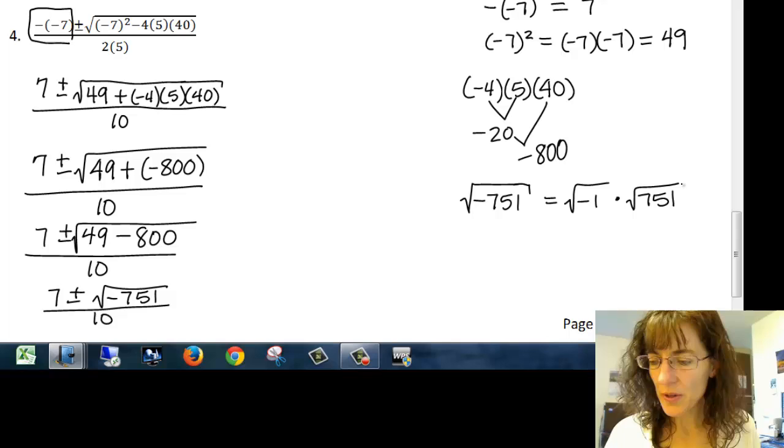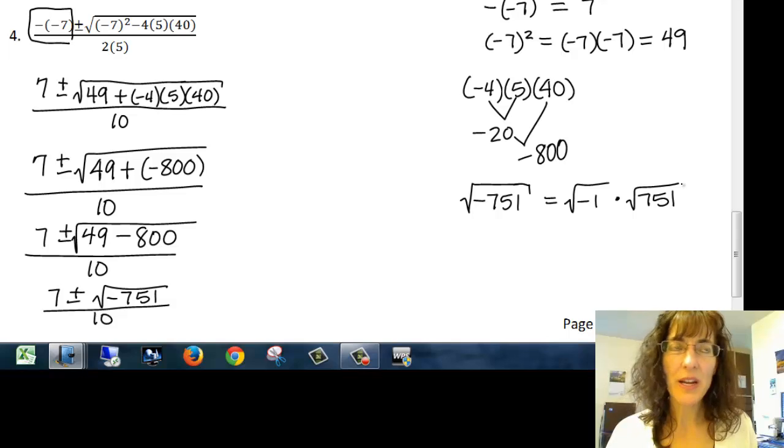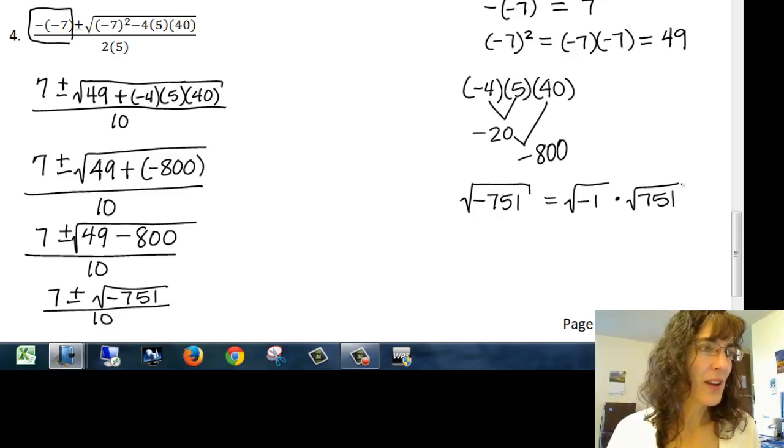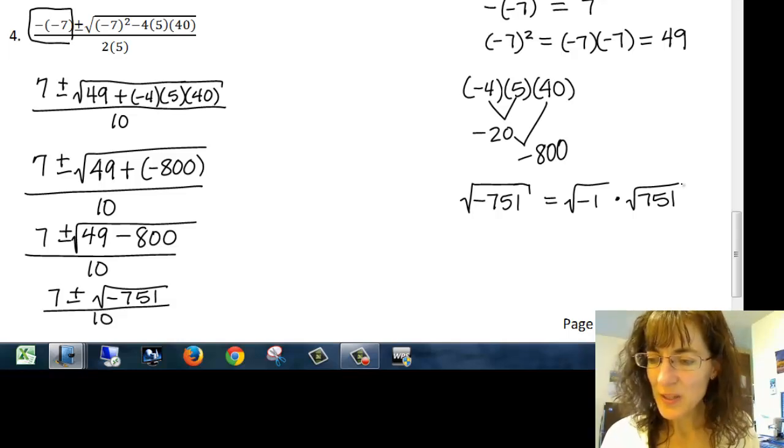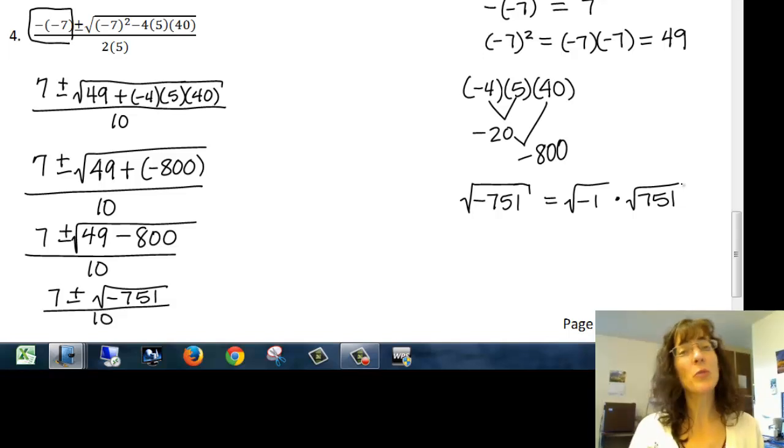Not a whole number. 751 divided by 23. Not a whole number. 751 divided by 29. And that's beyond the square root. So it's a prime number.